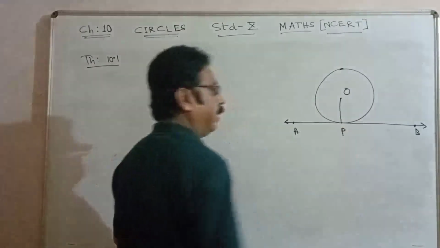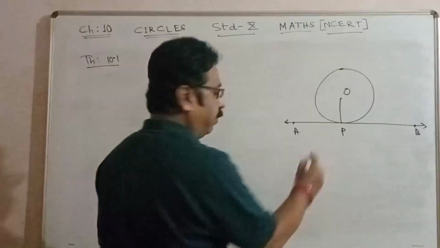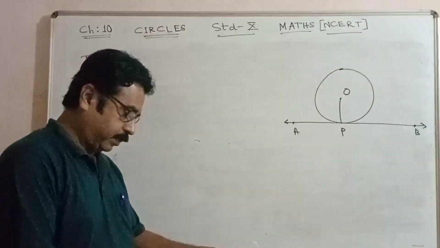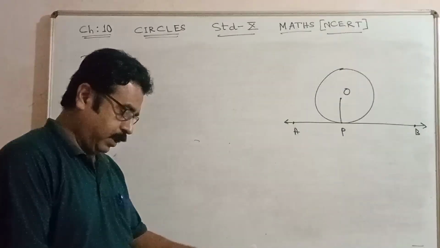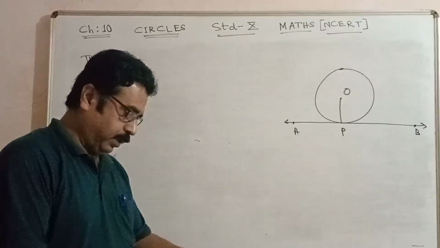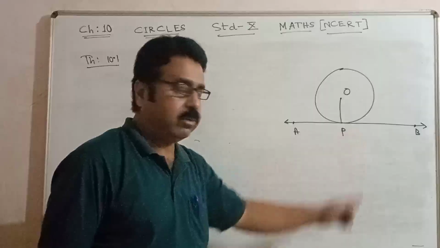This is P, the point of contact. We have to prove that this OP is perpendicular to AB.